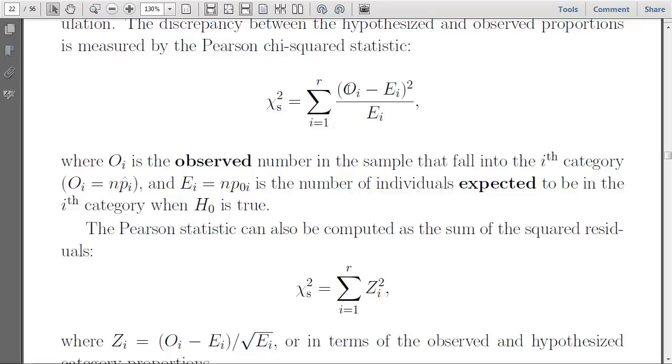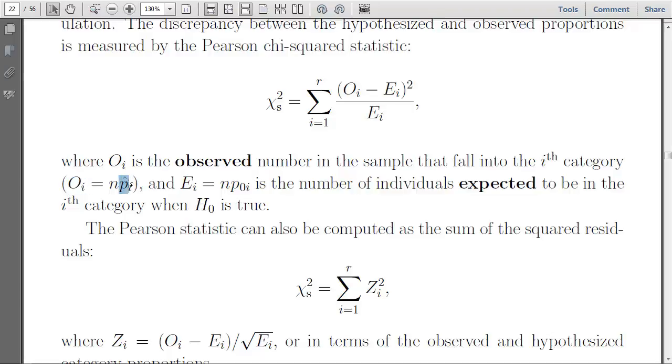So how do we calculate O and E? The simplest way for the observed, these are frequencies. O is the observed frequency. Notice that this equation here, O equals n p hat. If you divide both sides by n, you get O divided by n equals p hat.